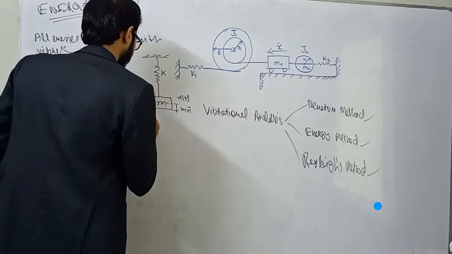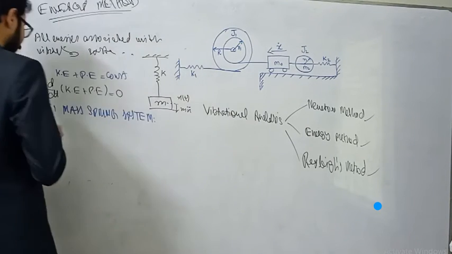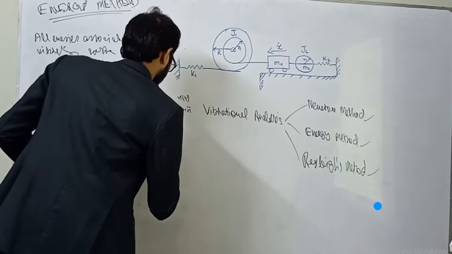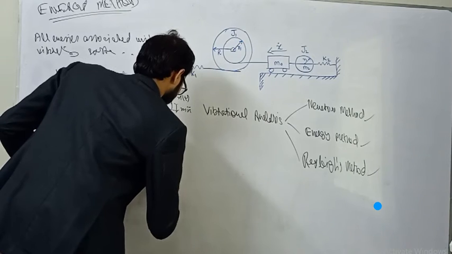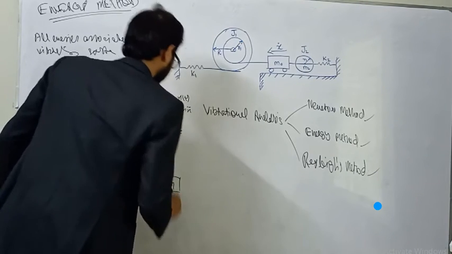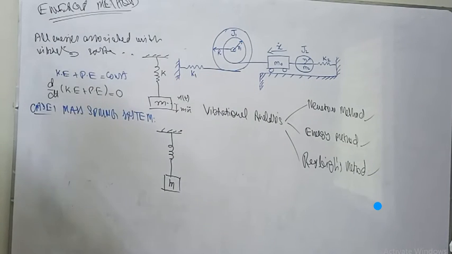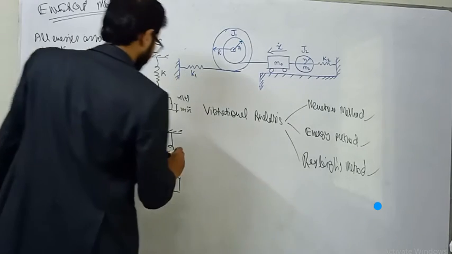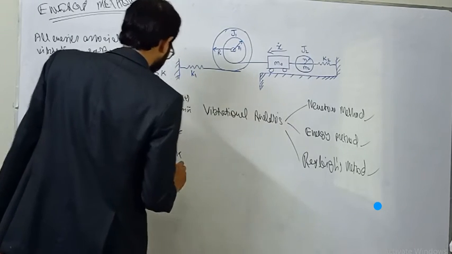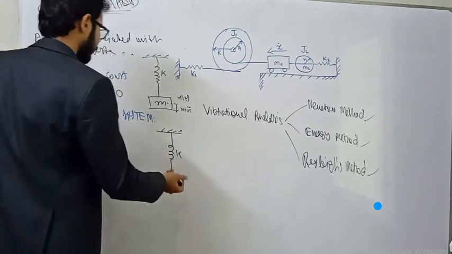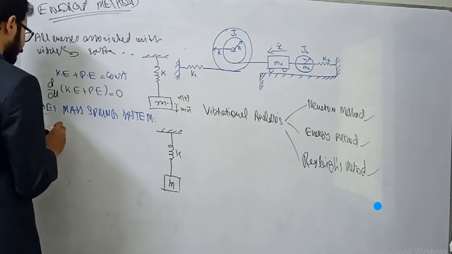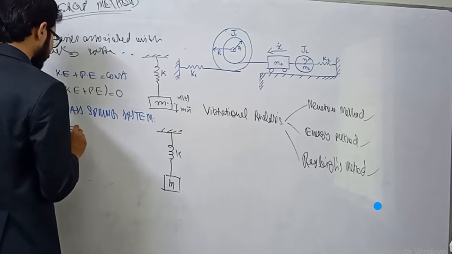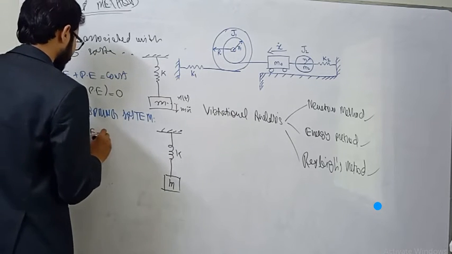In this case we have a mass that is suspended from the spring element that can store strain energy, having stiffness K, and the possible types of energies associated with this kind of mass spring system will be kinetic energy and potential energy. So kinetic energy plus potential energy will remain constant.